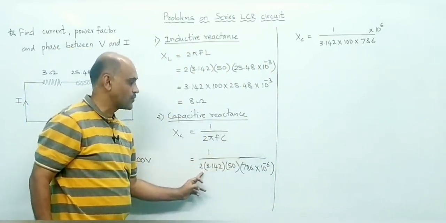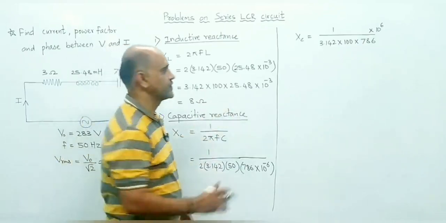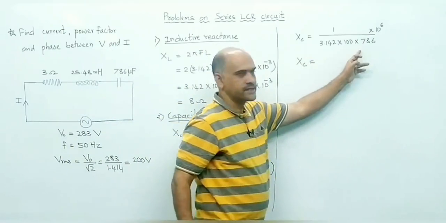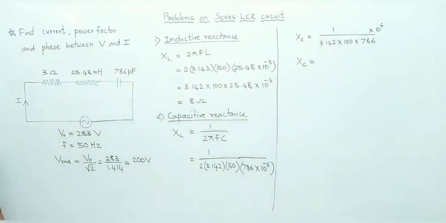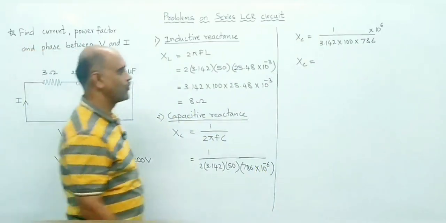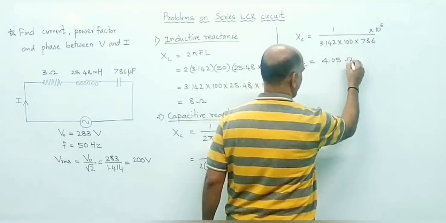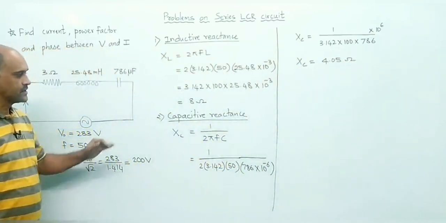Students, you can use a calculator, multiply all these terms, then take the reciprocal. You will have capacitive reactance as 4.05 ohms.